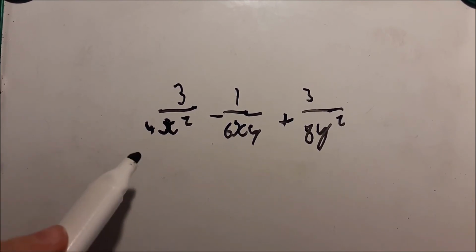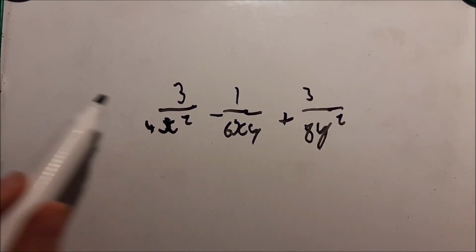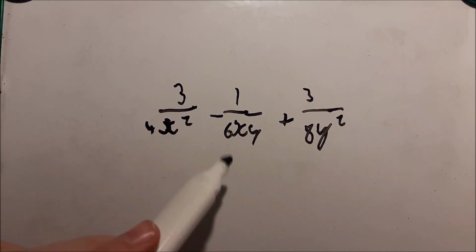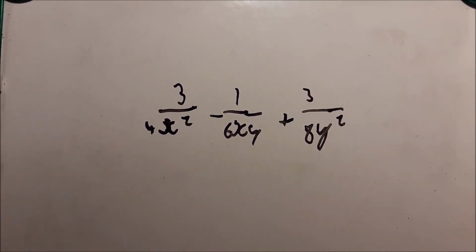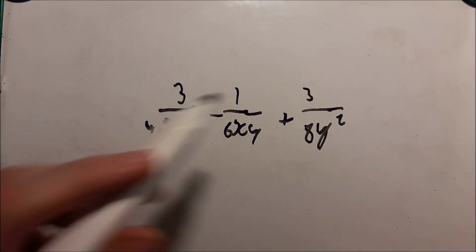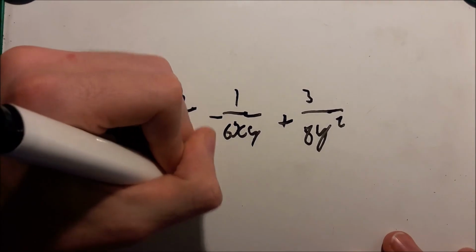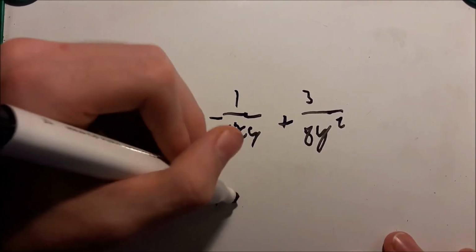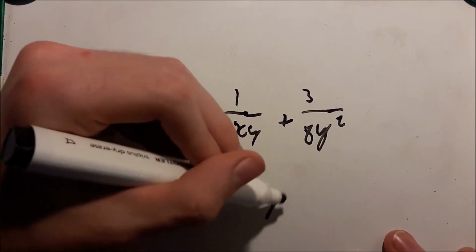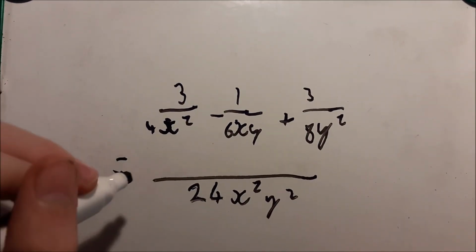Now, 4 can go into 24 6 times. 6 can go into 24 4 times. 8 can go into 24 3 times. So we're going to make it all with the same denominator. So it's going to be 24 x squared y squared, and then we're going to have the sum on top.